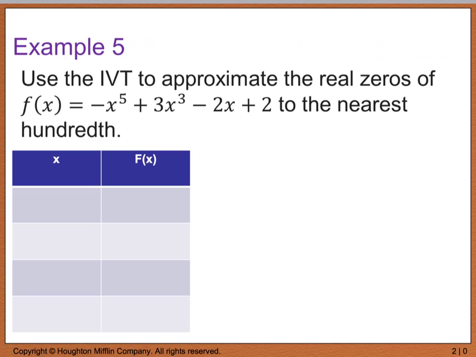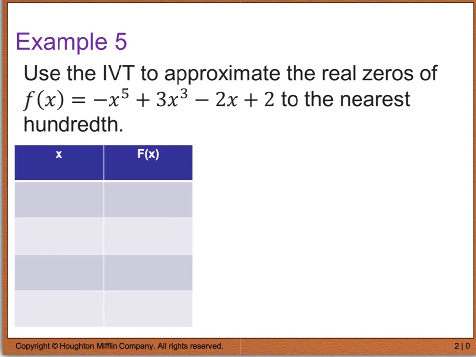Now, what I've done is I've gone in and picked some random points. I'm going to pick something like negative 1, 0, 1, and 2, just for a starting point. If I plug in negative 1, I get 2. If I plug in 0, I get 2. If I plug in 1, I get 2.